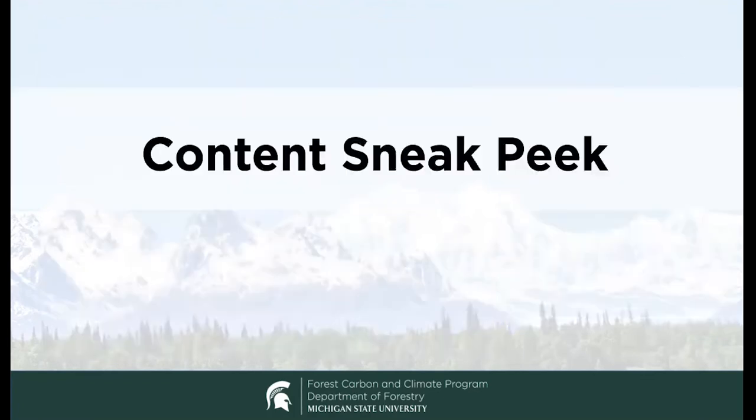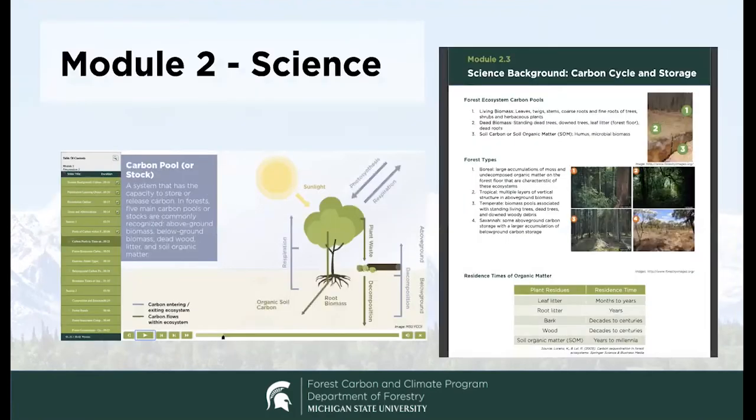We also want to provide a little sneak peek again on the content. We talked about the physical science module. This is what that would look like. Here's an example. This is a screenshot, but this is actually quite an animated graphic that shows flows of carbon in and out of various pools in a tree and forest ecosystem.